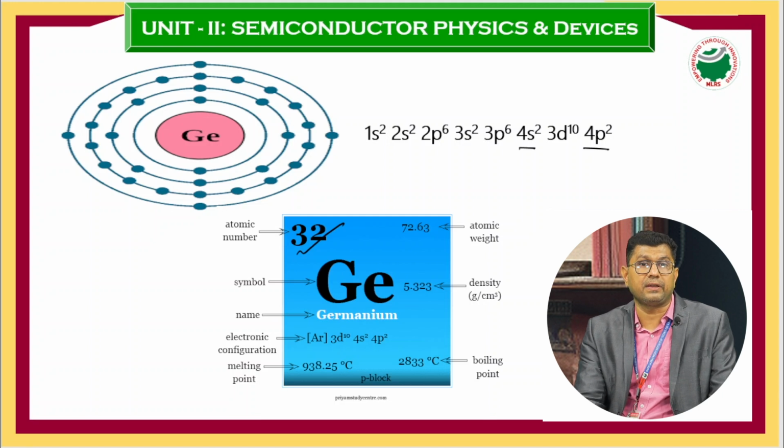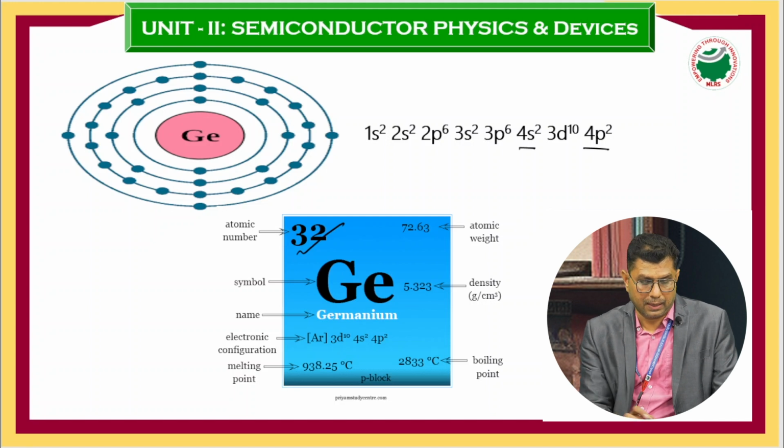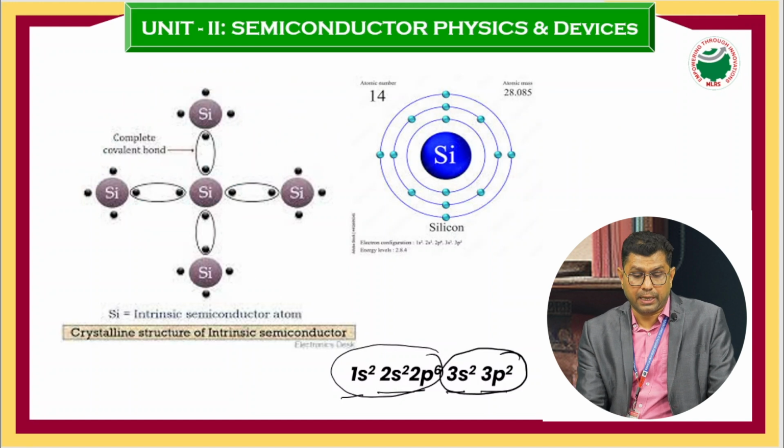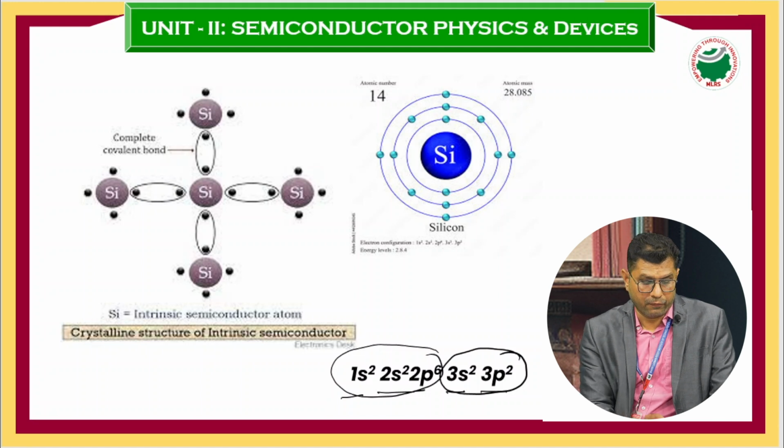This is very difficult, so sharing of electrons takes place. You can observe that sharing of valency electrons takes place. That's why a covalent bond is formed between neighboring silicon atoms. So this is the pure intrinsic semiconductor, covalently bonded.